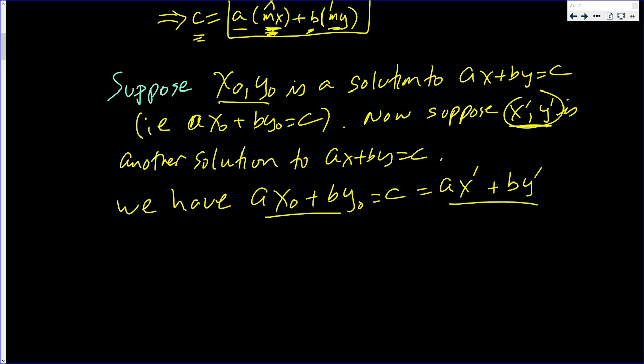Bringing the a's to one side and the b's to the other side, we get that a times (x0 minus x prime) is equal to b times (y prime minus y0).